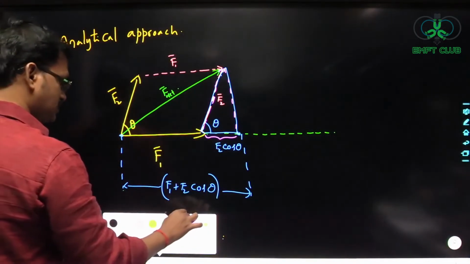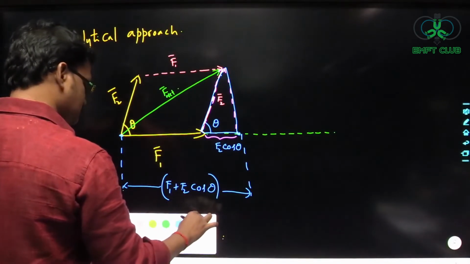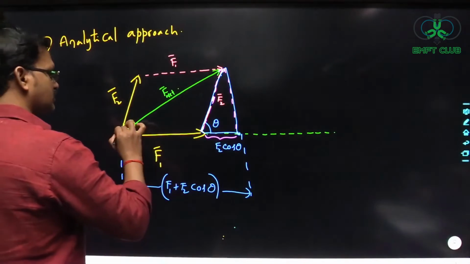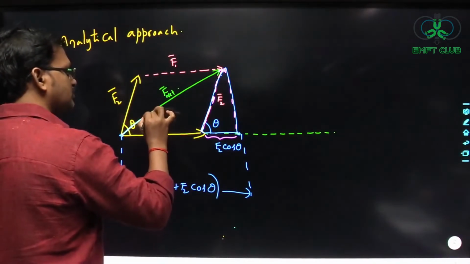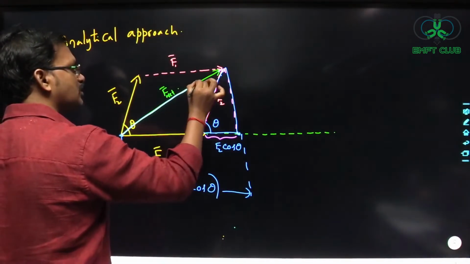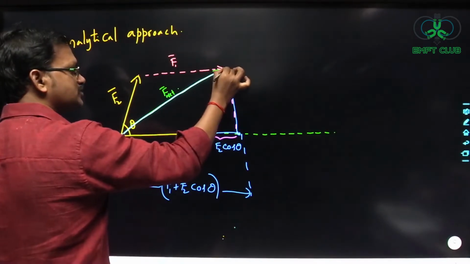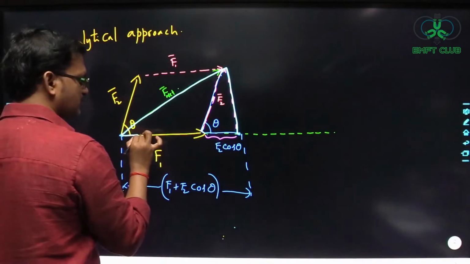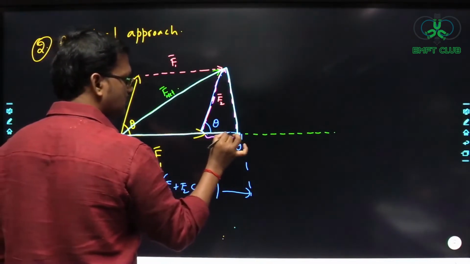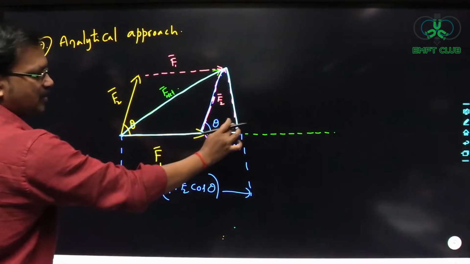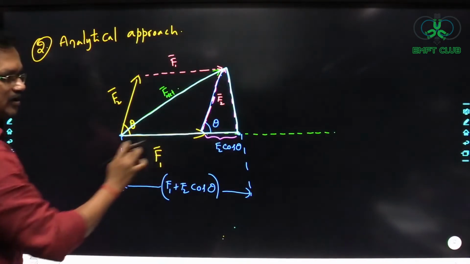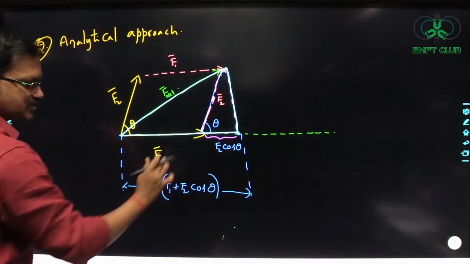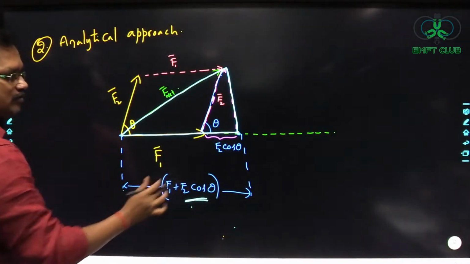Now if you consider this bigger triangle here, that is F net. So F net is the hypotenuse side, and the adjacent side is F1 plus F2 cos theta.